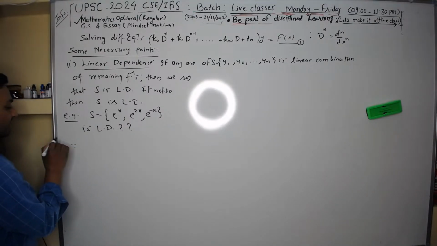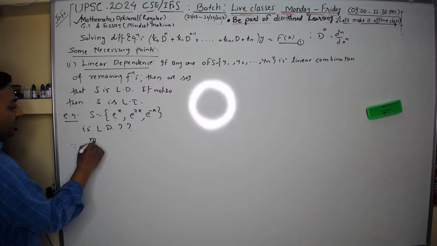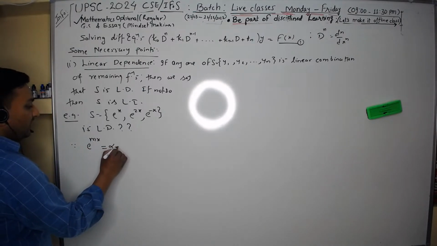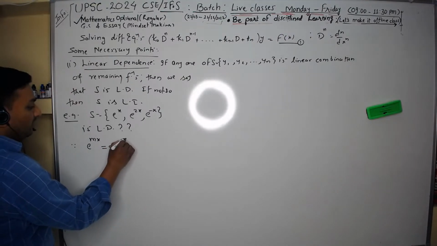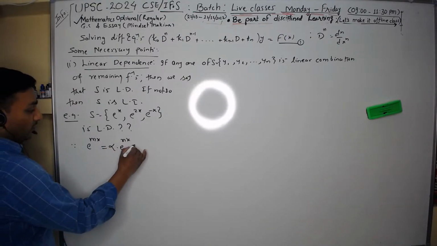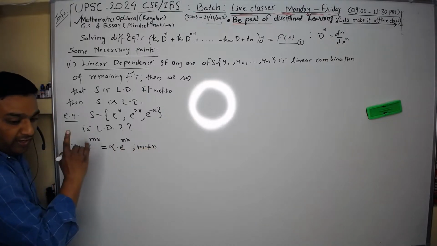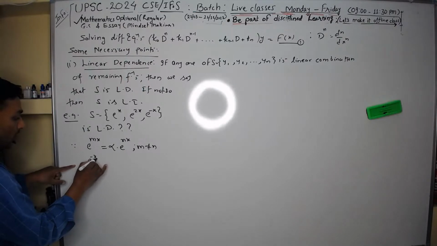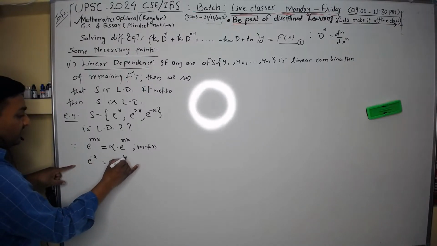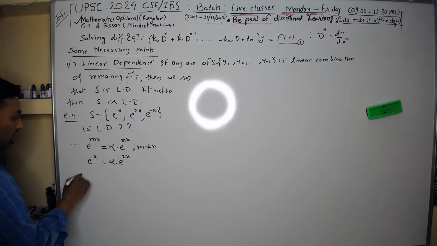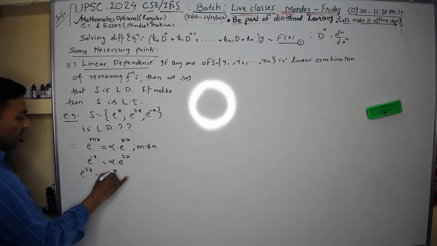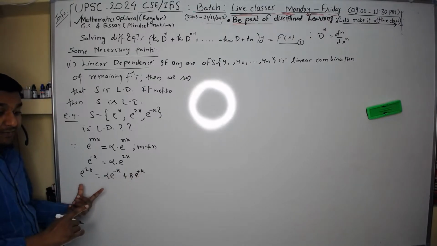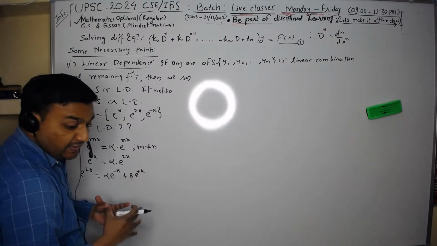Look, since e raised to the power mx cannot be written as e raised to the power nx for m not equal to n. Fair? For example, you cannot write this as alpha times e^2x, or you cannot write some alpha plus beta combination. Getting my point? LI. Okay.